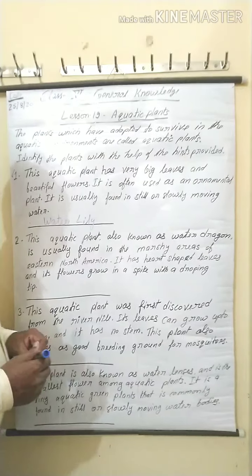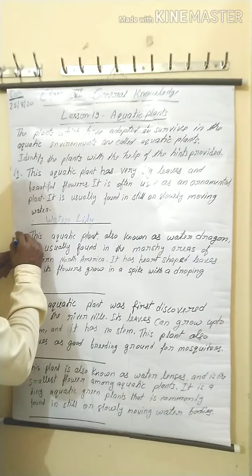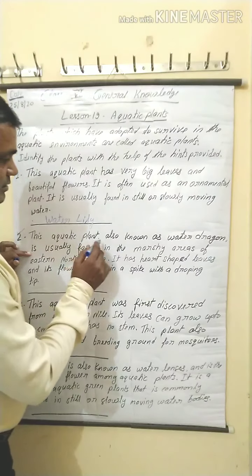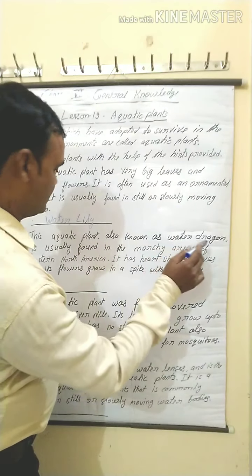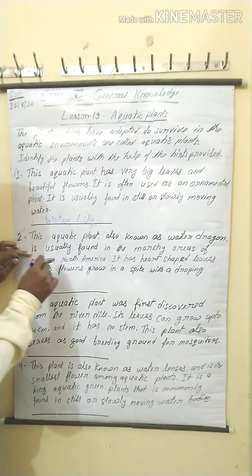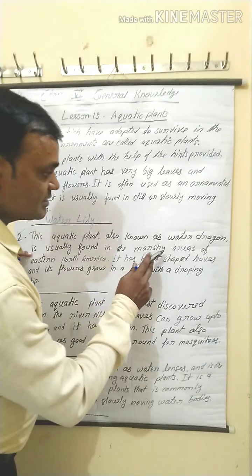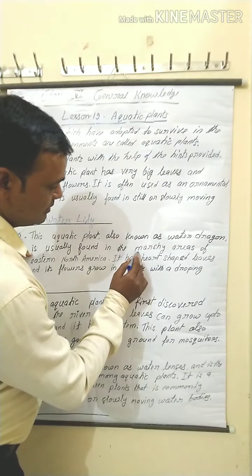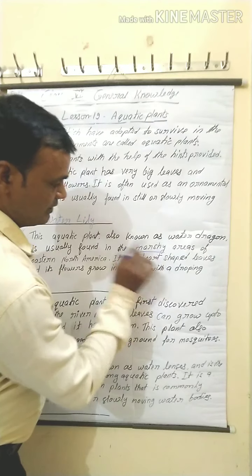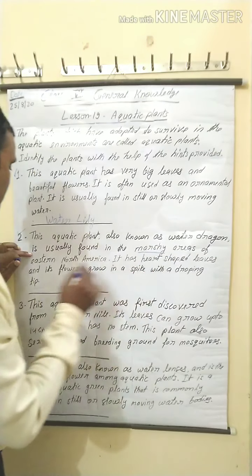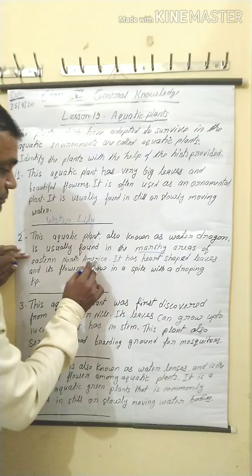Now second number: this aquatic plant, also known as water dragon, is usually found in the marshy area. Marshy means a swampy area, the marshy area of eastern North America.